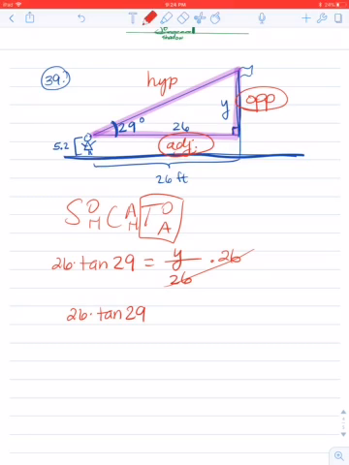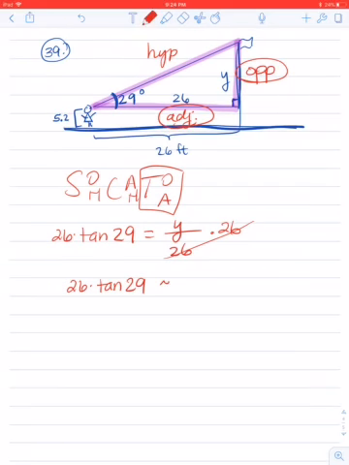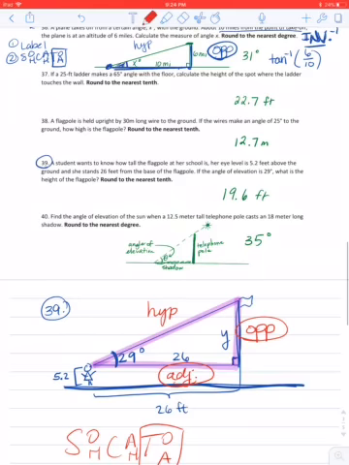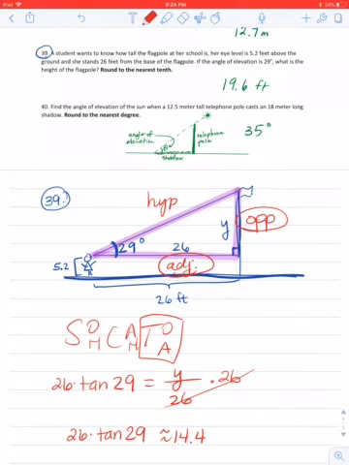Hey Siri, what is 26 times tangent of 29? The answer is approximately 14.412. Alright, thank you Siri. So 14.4. Obviously, don't use Siri on your test. You have to use your calculators.